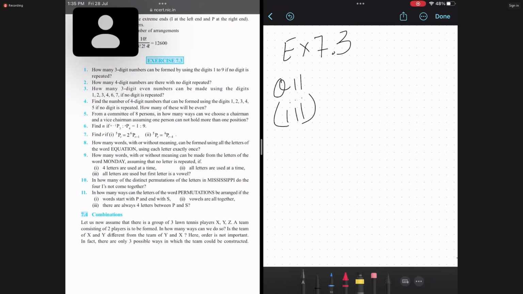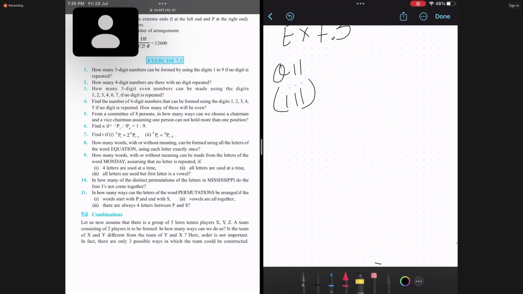But suppose you keep P at the first place. P and S, I'll just write their positions. So if P is at the first place, then the position of S is fixed. It is at the 5th place, or not even at the 5th place, 2, 3, 4, 5, so it is at the 6th place. Correct. If this is at the 2nd place, this is at the 7th place. Now, how do I know that?